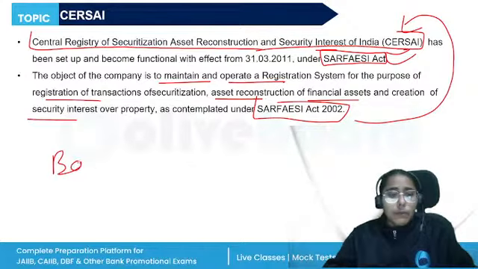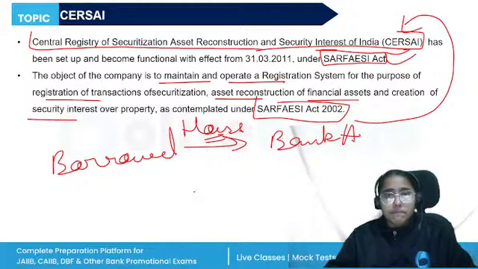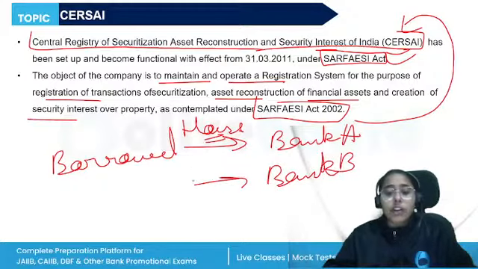the borrower has availed a loan from bank A, keeping their house on mortgage, right? Then the borrower has also taken a loan from bank B on the same house. They have kept it as mortgage.